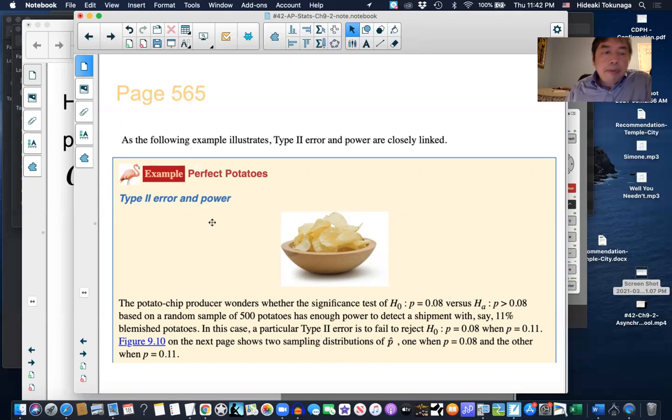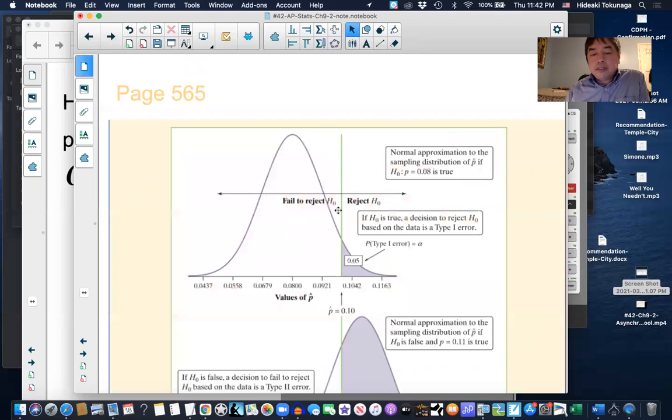I think we did p equals 0.08, but let's think about this. We could do exactly the same thing with 0.08. So we make a normal distribution here. 0.08 is p, right? We consider that the true p, right?